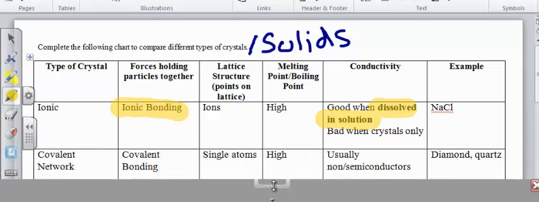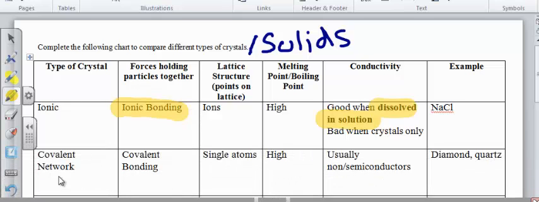Alright, the second type of crystal that we're going to have is what we refer to as covalent network. Now covalent network is kind of a special type of solid, but ultimately the nice part is that covalent network is held together by covalent bonding. And again, if you look at that interparticle force diagram, the 2 strongest forces that we listed were ionic bonding and covalent bonding.